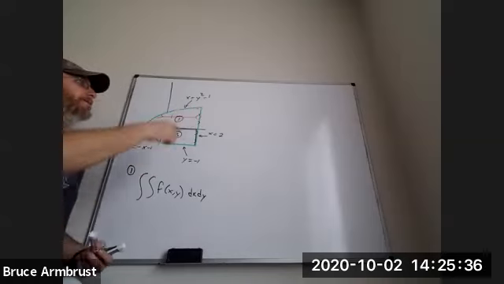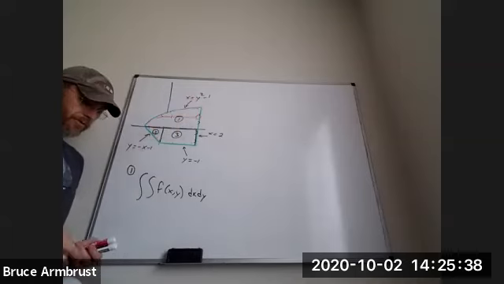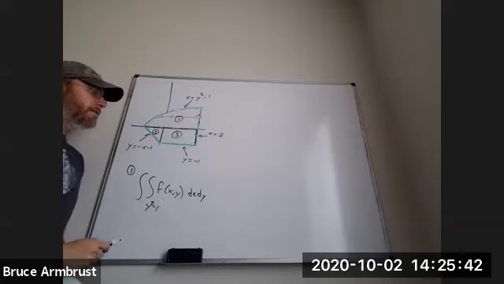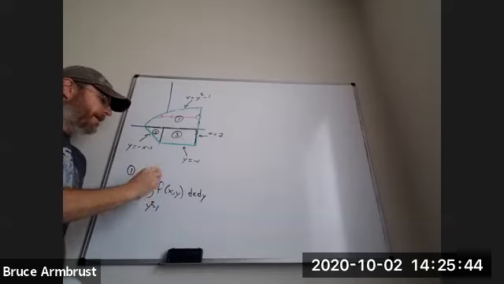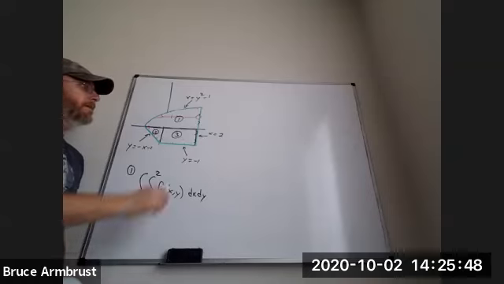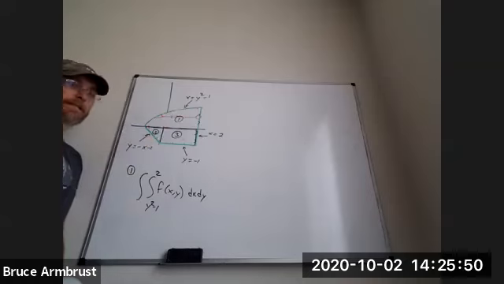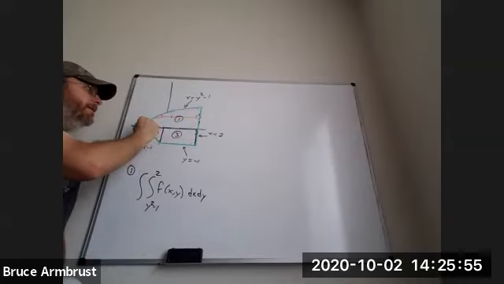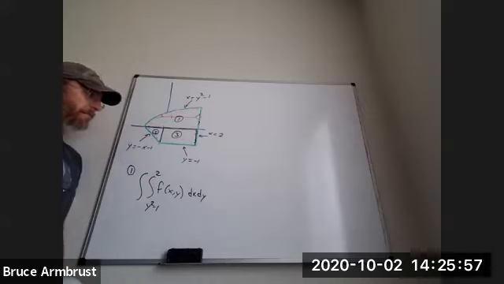Now, I did this sideways because I've already got this as x equals. So his feet are y squared minus 1, and his head is at x equals 2. Everywhere in region number 1, that's going to be the case. His head is always bumping up against this vertical line, and his feet are always on the parabola.